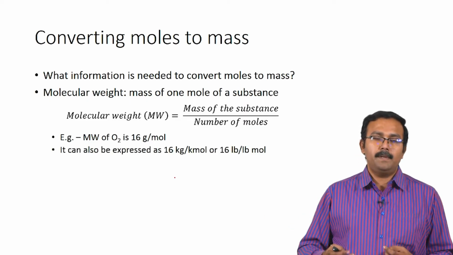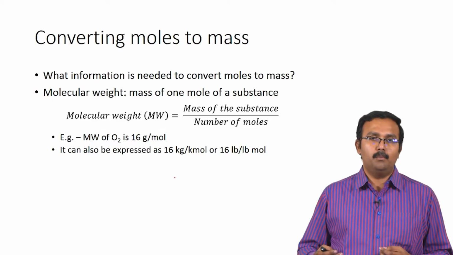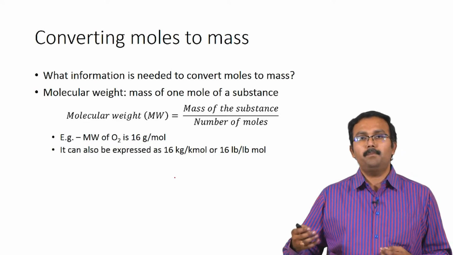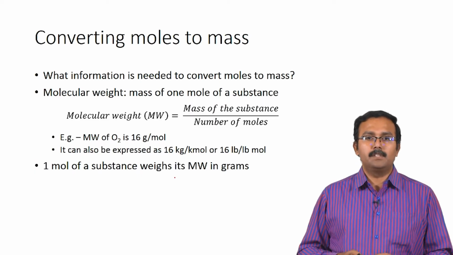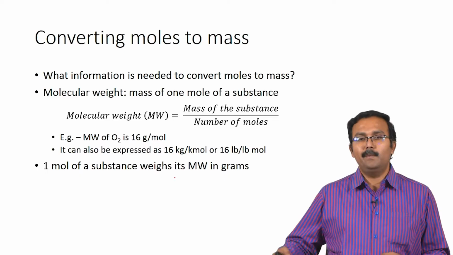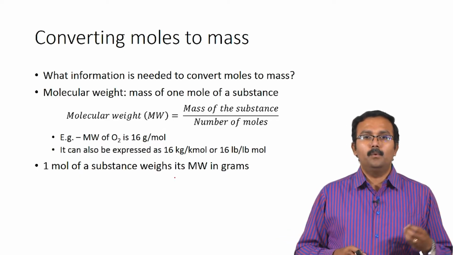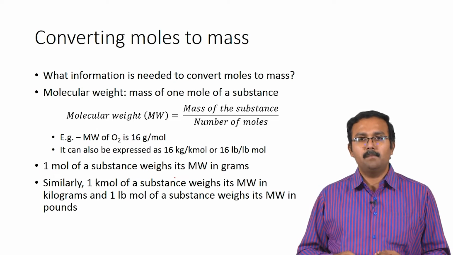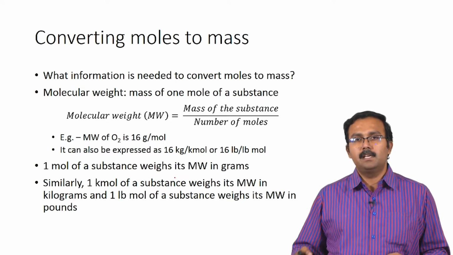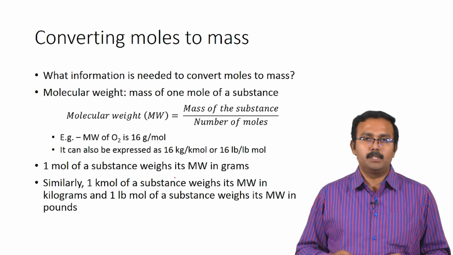It is also expressed as 16 kilograms per kilomole or 16 pounds per pound mole. So, 1 mole of a substance, which is 1 gram mole of a substance, will weigh its molecular weight in grams, and 1 kilomole of a substance will weigh its molecular weight in kilograms, and 1 pound mole of a substance will weigh its molecular weight in pounds.